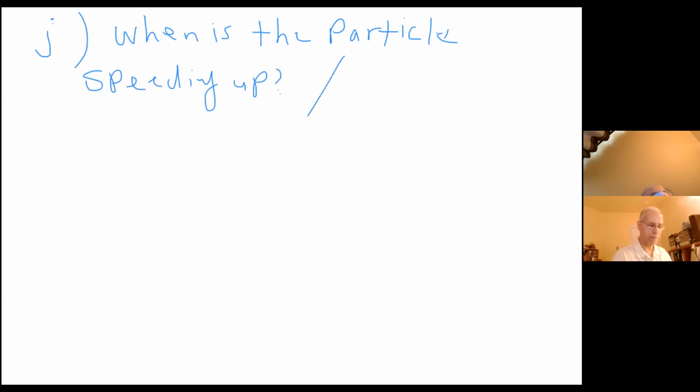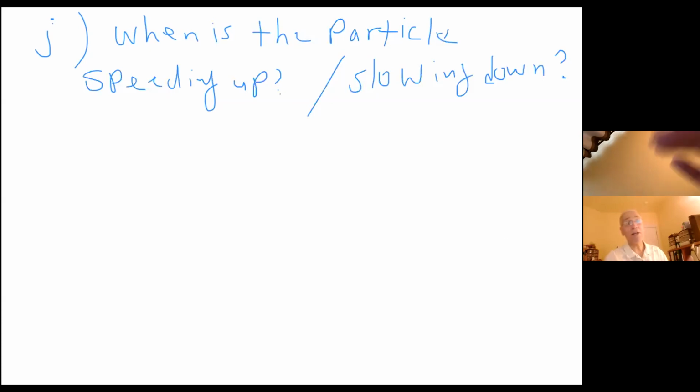Well, the particle is speeding up when both velocity and acceleration have the same sign. They're both positive or both negative. It is slowing down if the signs are opposing each other.